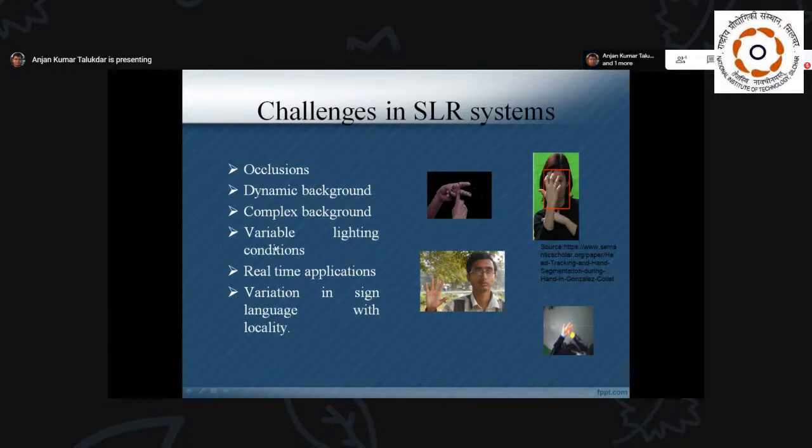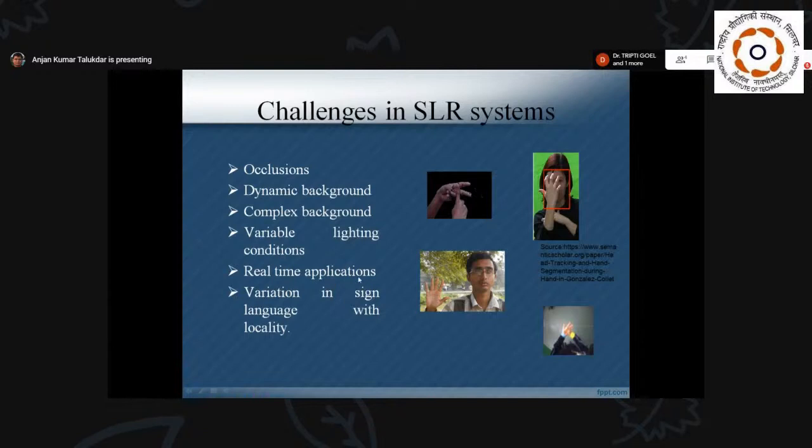So this is one major problem. Then variable lighting condition. As you can see here, the lighting condition may vary. Sometimes it may be darker, sometimes brighter. So it is very difficult to segment the hand part from the background because of the variation of lighting conditions.